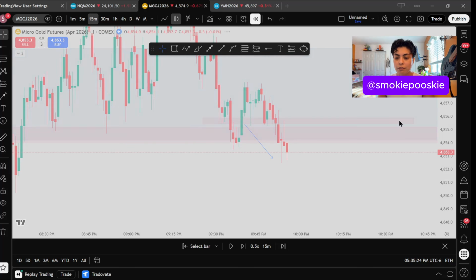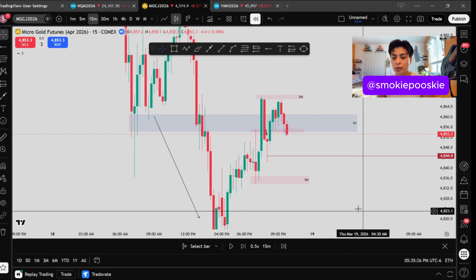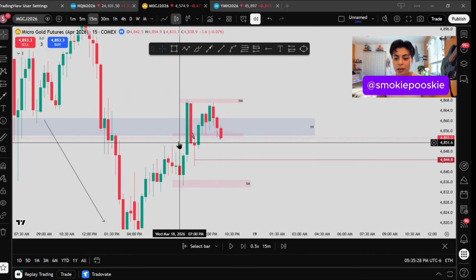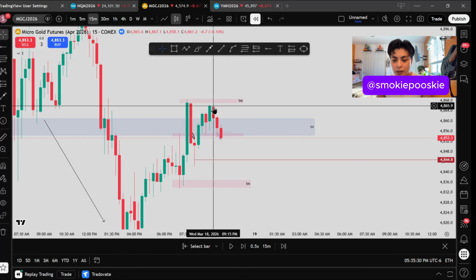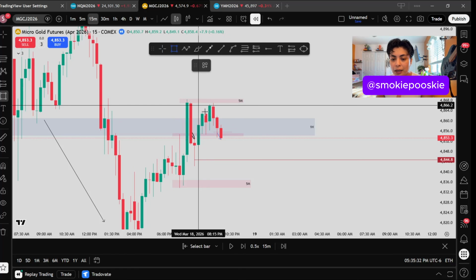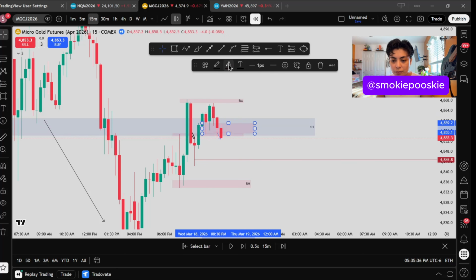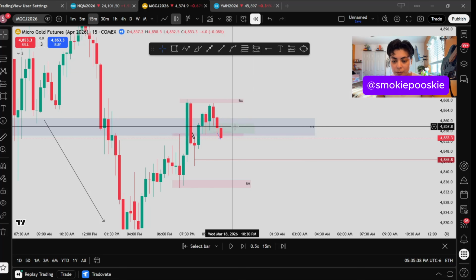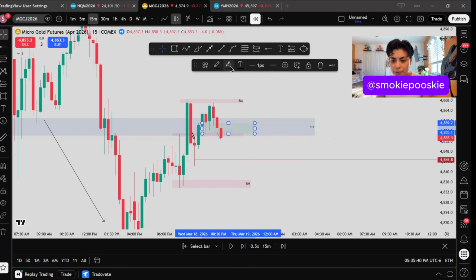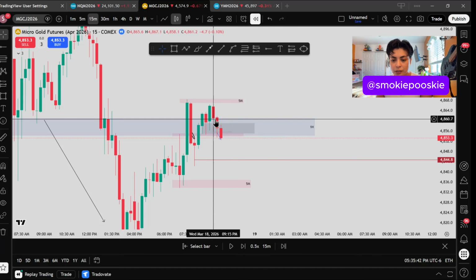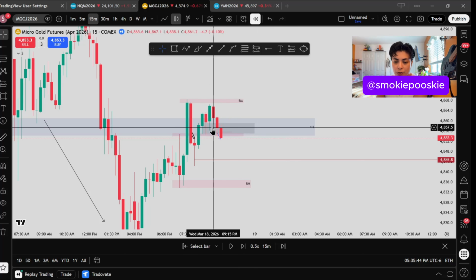And if I go down to my 15 minute too, I'm seeing it's starting to build a lower high, and I broke my most recent support on the 15 minute time frame. Let's make it black real quick so you can see my 15 minute support right here.